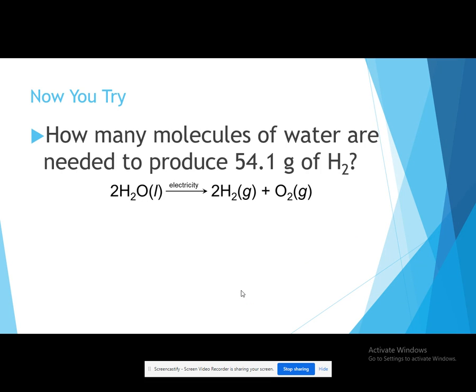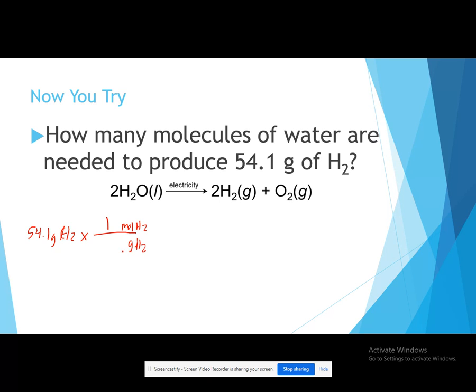So I want you to go ahead and try to do this problem on your own, and let's see how you do. Okay. So hopefully you started this problem with what you knew, 54.1 grams of H2. To cancel out grams of H2 on the bottom, moles of H2 on the top.